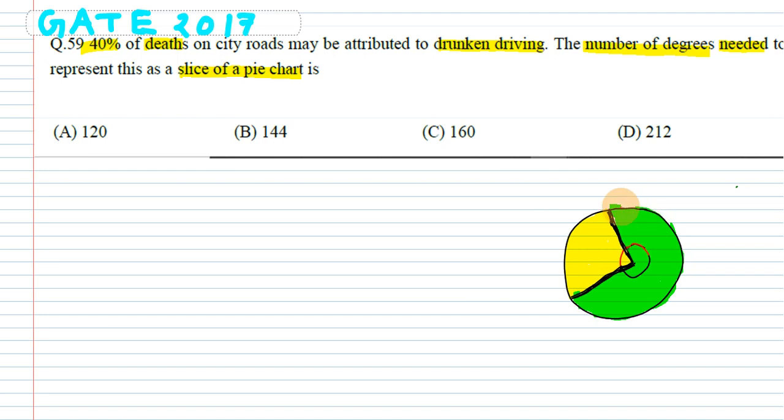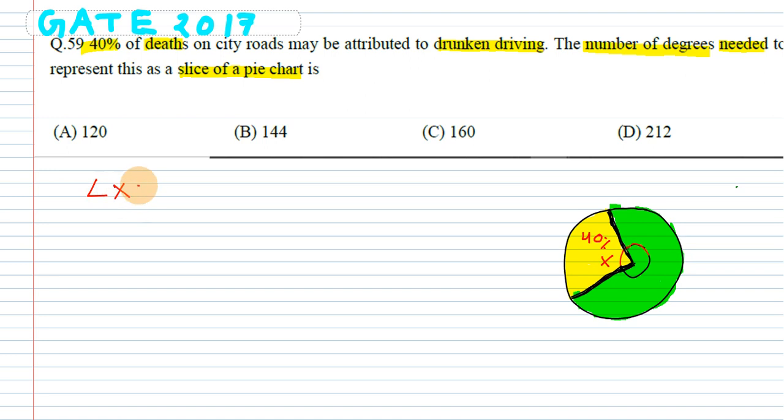If we assume that the whole area of the circle represents the deaths, and suppose this is the 40% which represents the deaths caused by drunken driving, and suppose this angle is x, and we know that the angle around any point is 360 degrees, so we have to find the value of the angle x.